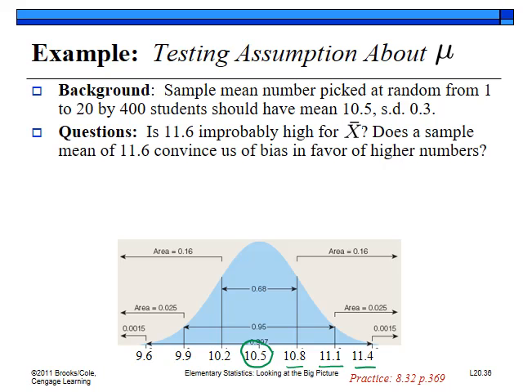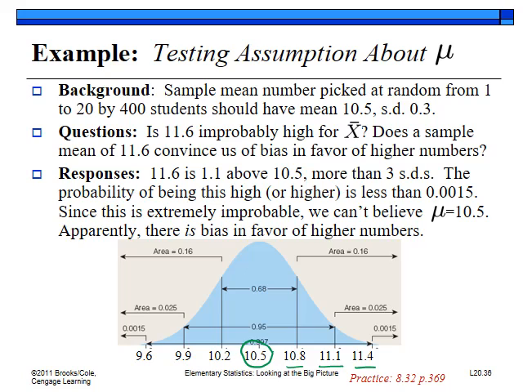It was 11.6. 11.6 is way out here in the right-hand tail. It has a standardized value, a z-score, bigger than 3. So the chances of getting a sample as weird or weirder than that one is less than 0.0015. So we're going to say that that's lots of evidence that there is some bias here.